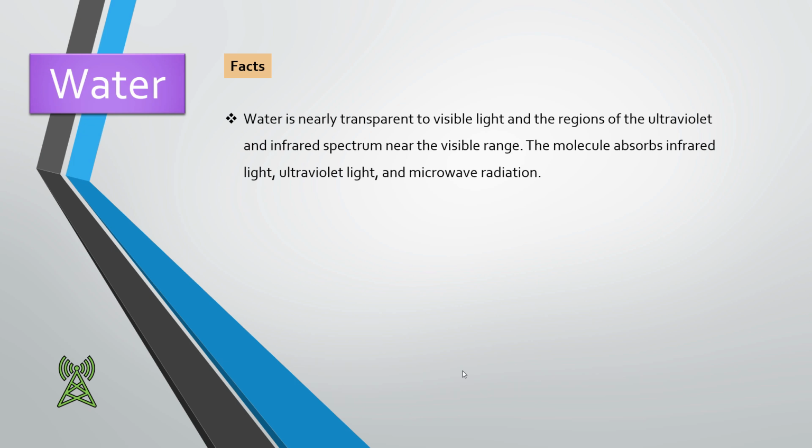Microwave radiation, you use a microwave oven daily to warm up your food, and sometimes I make tea and coffee in the microwave oven. How do things get heated? Because those contain certain moisture content, or are almost entirely liquid.